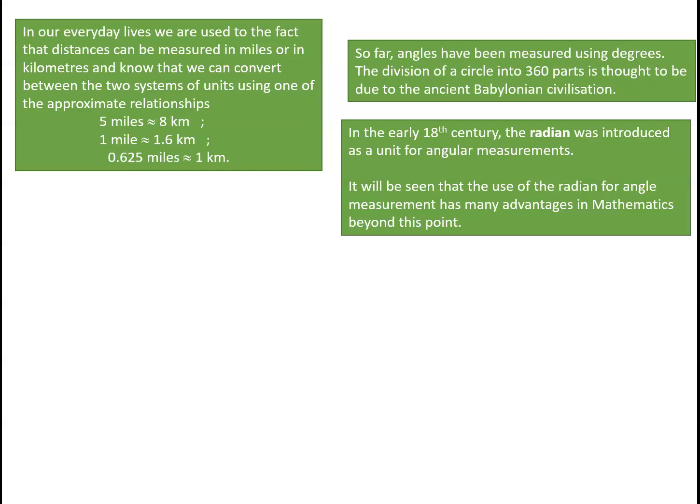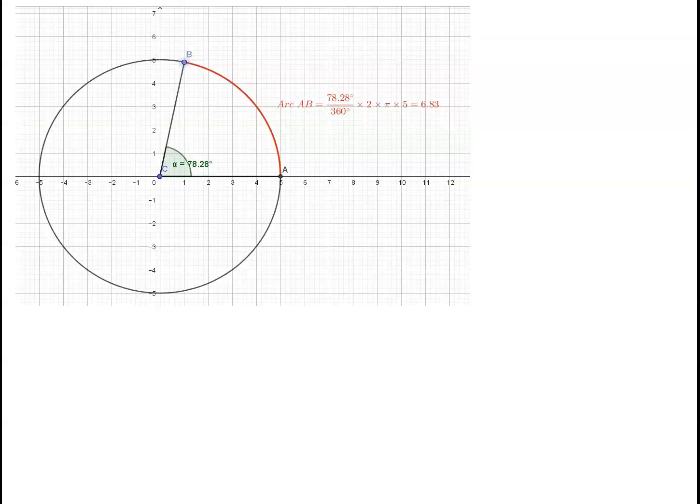If we look at the video now, we can see that we've got a circle of radius 5 centimetres, and the arc AB subtends an angle of 78.28 degrees at the centre of the circle.